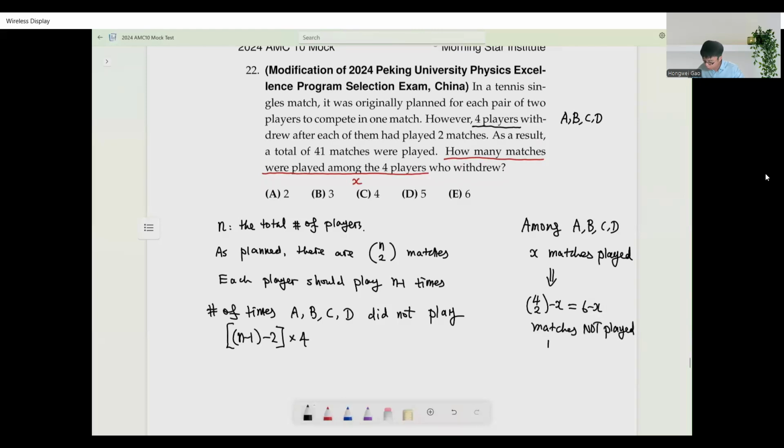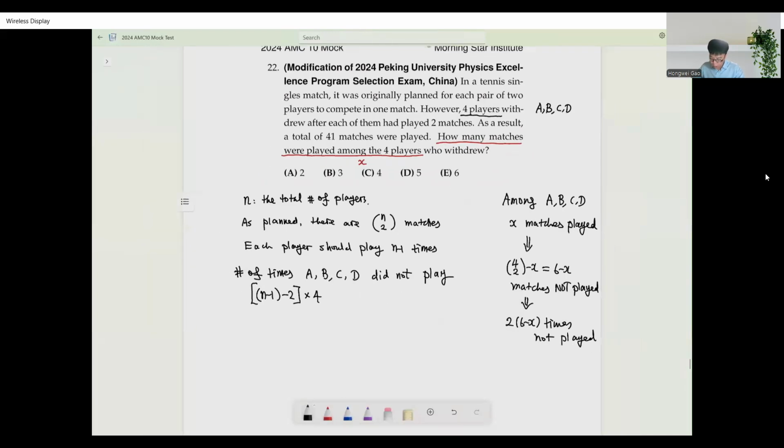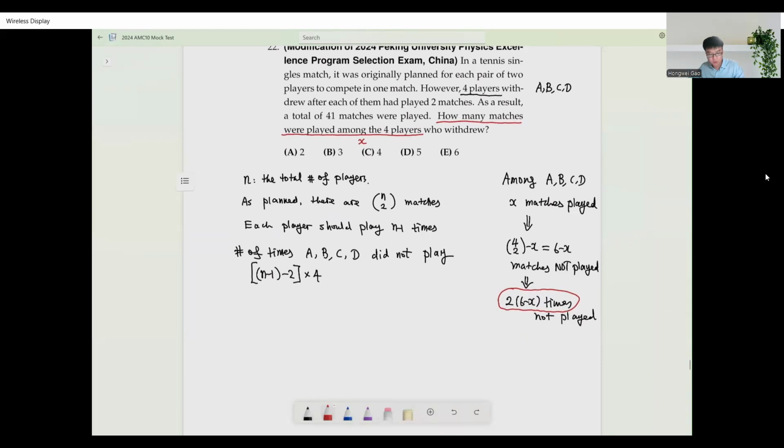So that corresponds to twice of 6 minus X times not played. We know the total number of times not played is N minus 1 minus 2, times 4. Here we got some that happened among A, B, C, D. That's 2 times 6 minus X. The other parts are the times not played between A, B, C, D and the other N minus 4 players.